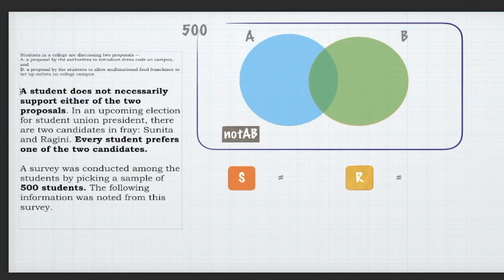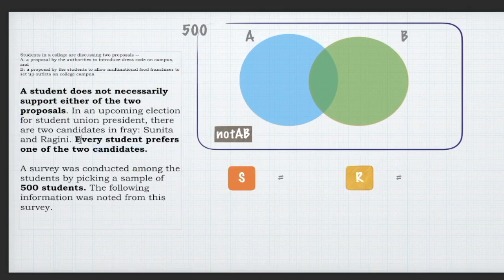Furthermore, a student does not necessarily support either of the two proposals. So, some students will support A or B or both, and there are some students who will support neither. So, I am capturing them in not A, B outside of these two major sets. In an upcoming election for student union, there are two candidates, Sunita and Ragini. Great, Sunita and Ragini.